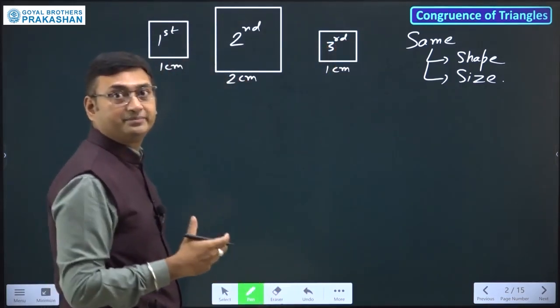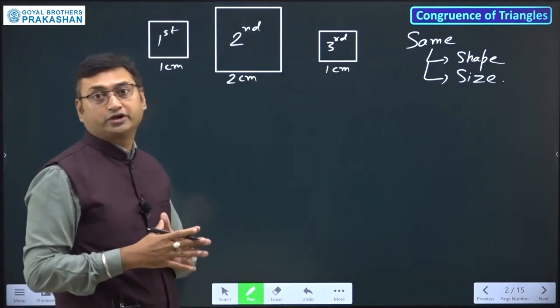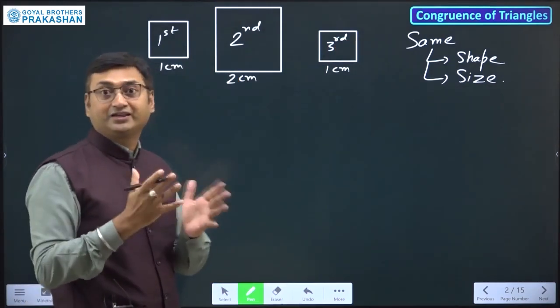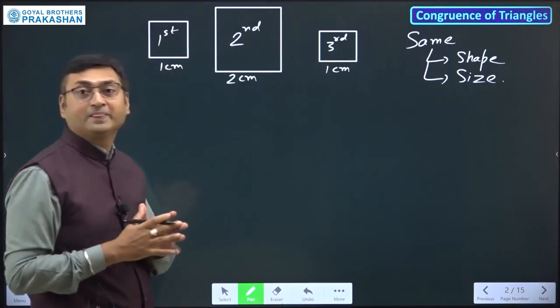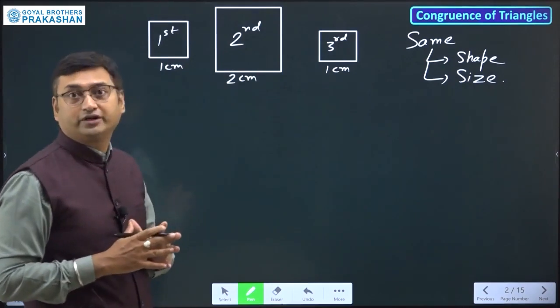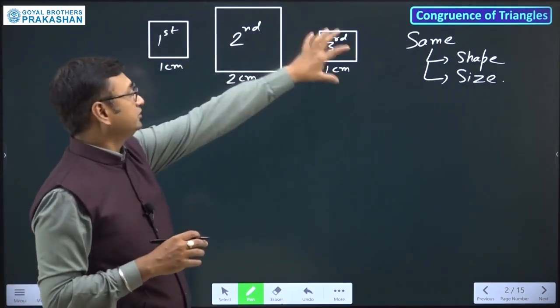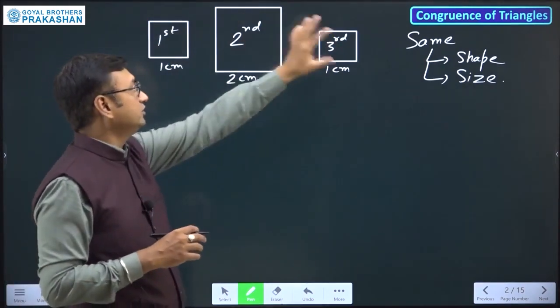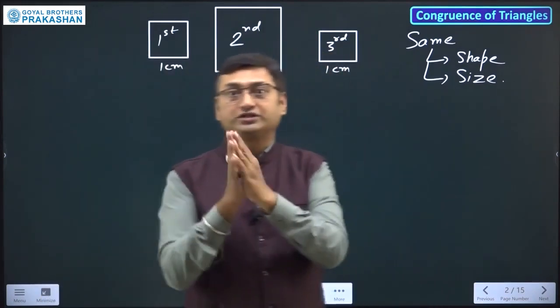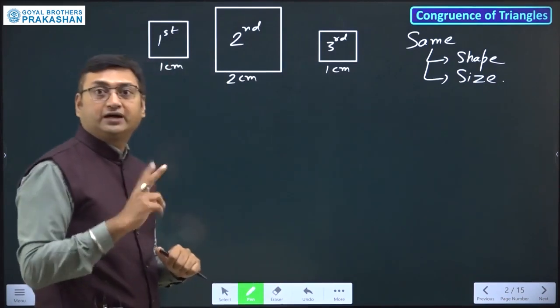Now can you please tell me which two squares are congruent to each other? Do you need some time, or can you directly give me the answer? Yes, you all are very smart. Exactly. The first and third are congruent to each other, because if I put the third one on the first, or I put the first one on the third, it will overlap each other. It will superimpose each other, so they both are congruent.